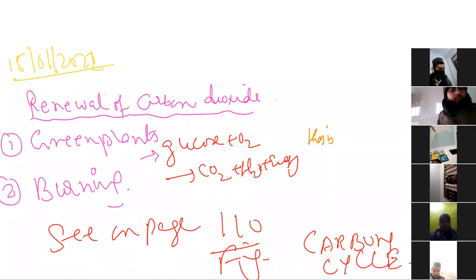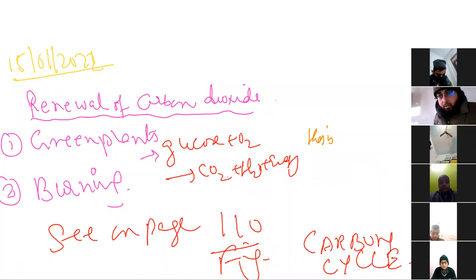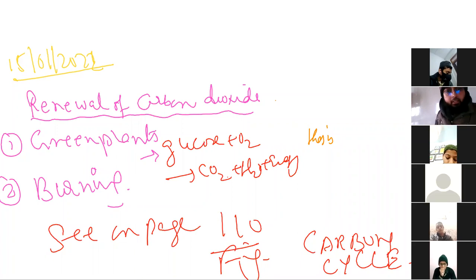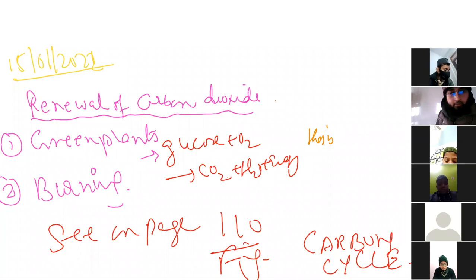So in all these processes, CO2 is taken back into the atmosphere. Like the nitrogen cycle, there are several steps in the same way. In carbon dioxide also, there is a carbon cycle, and there is a method how they renew CO2 back into the atmosphere. Is it clear?